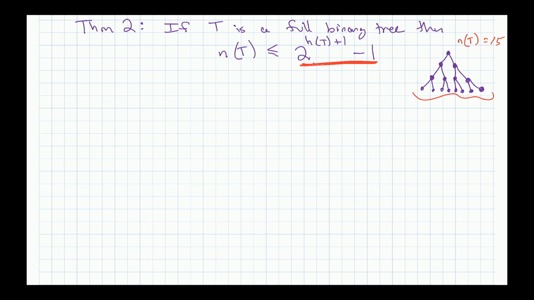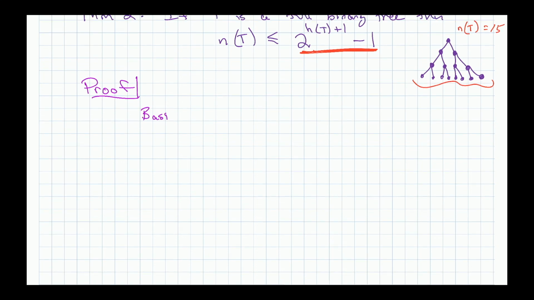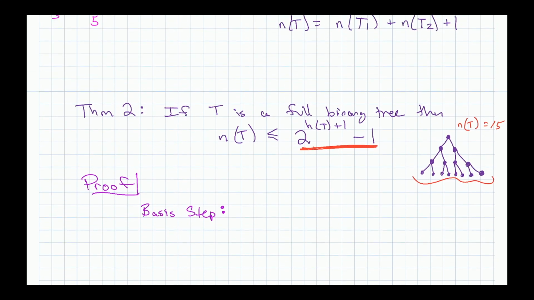So let's go ahead and try to prove this. We're going to prove this with structural induction. So let's prove it. Proof. So we got to remember how structural induction goes. We didn't do it in the last section, I don't think. Maybe we did it two lectures ago. But basis step. For structural induction, the basis step is going to be showing that the basis tree basically has this property.